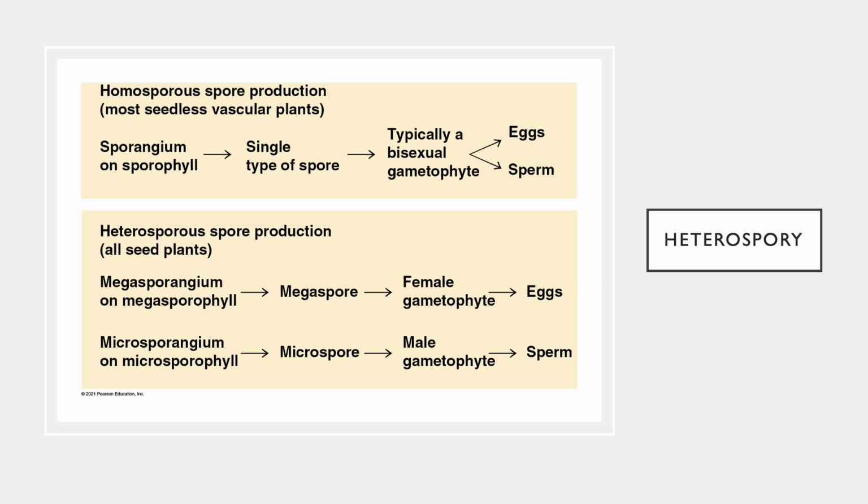So megasporangium, located on megasporophylls, give rise to a megaspore. The megaspore becomes the female gametophyte, and the female gametophyte gives rise to eggs. The microsporangium on the microsporophyll is going to give rise to microspore. That will develop into the male gametophyte, and then that will release sperm through the process of meiosis.